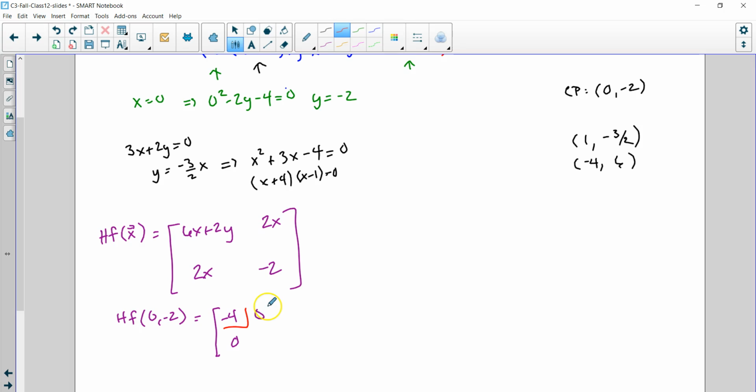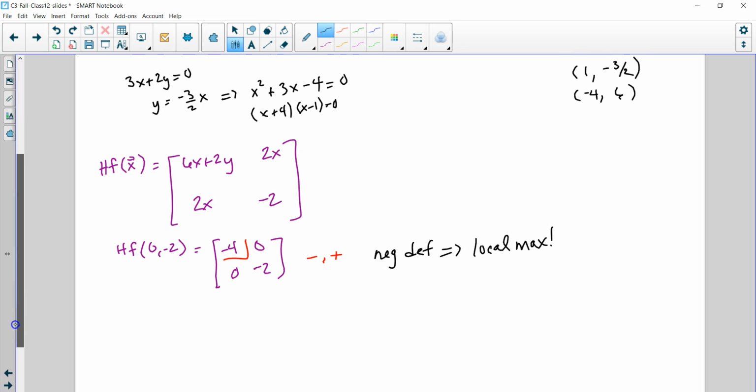So I get negative and then positive, right? Okay, so this one is going to be negative definite. And if you recall, negative definite is going to actually produce a local max. Then, so I've classified one.